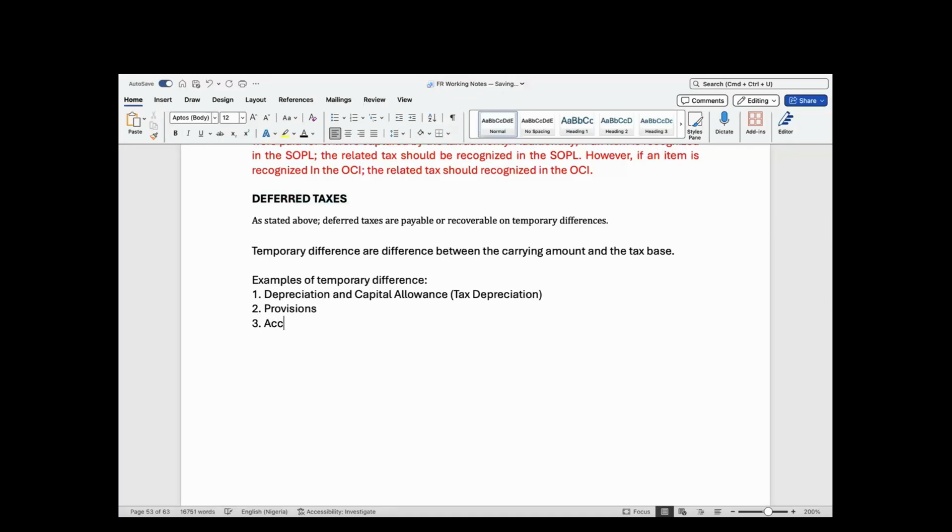Another one is accrued expenses. This is a similar explanation to provision in the sense that there's an expense that you have incurred, but you have not paid for. The taxman will say, bring evidence of payments. They will say, bring evidence. I mean, if they eventually allow it, you're fine.